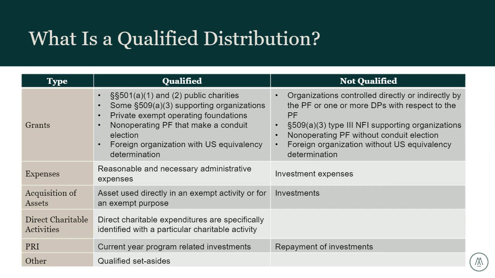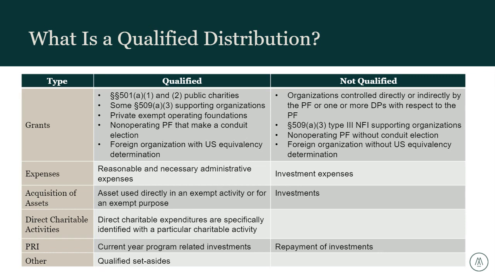So real quick, the conduit election means any private non-operating foundation that makes qualifying distributions in an amount equal to 100% of the contributions that they've received no later than the 15th day of the third month following the close of the previous taxable year.